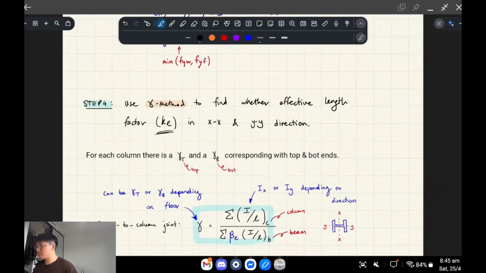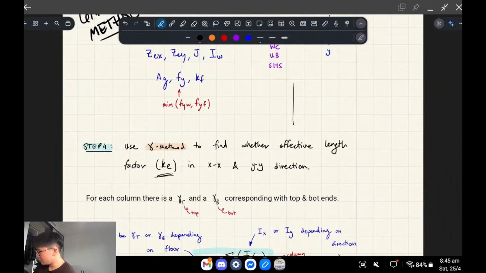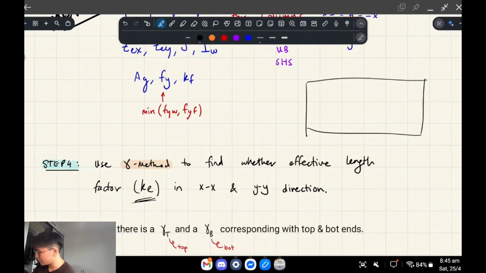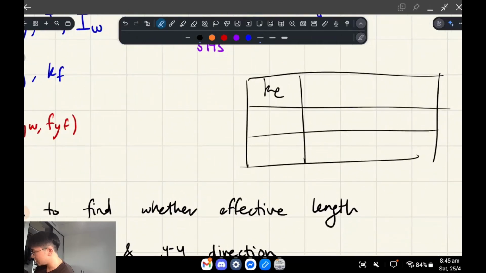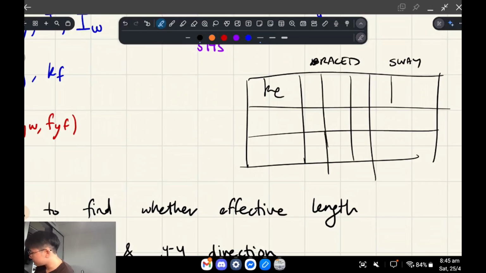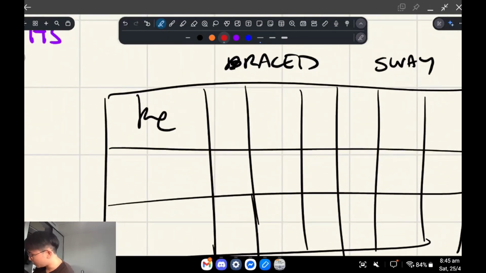If you remember from the second week in compression, there was a table, and I'll roughly draw it out. It'll be something like, here's the Ke value for various cases. These ones were sway, and these ones were braced, or maybe it was the other way around. There are different cases they give you. One scenario might be braced and pinned.